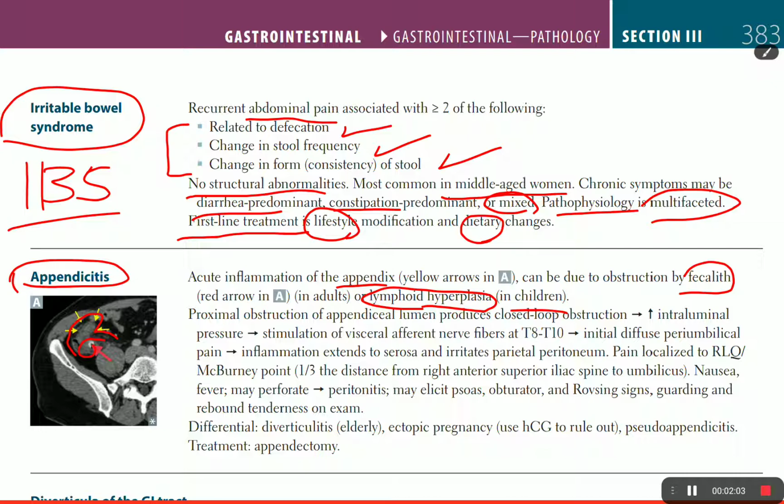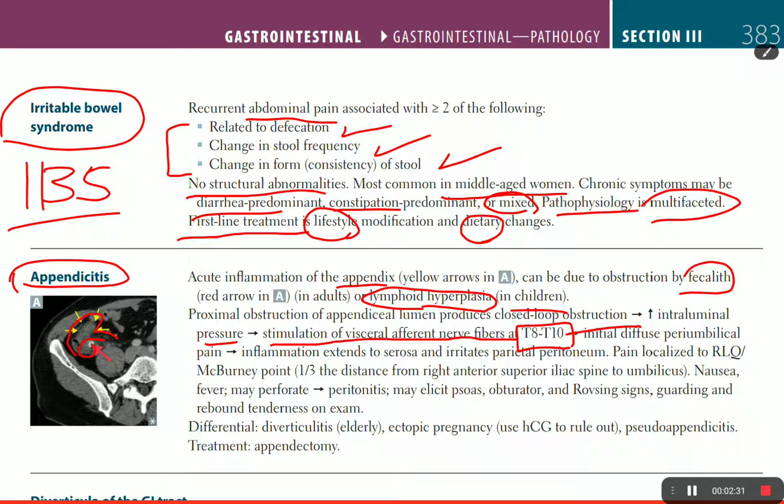Proximal obstruction of the appendiceal lumen causes a closed loop obstruction, increased intraluminal pressure, and stimulation of visceral afferent nerve fibers at T8 to T10. So T8 to T10 innervate the para-umbilical area, the level of the umbilicus.